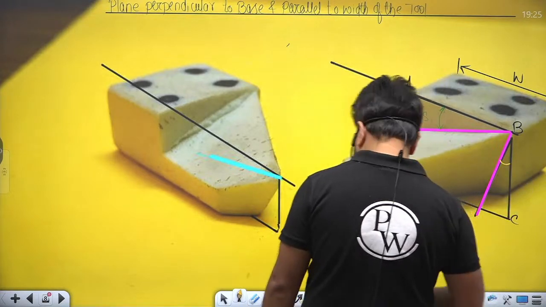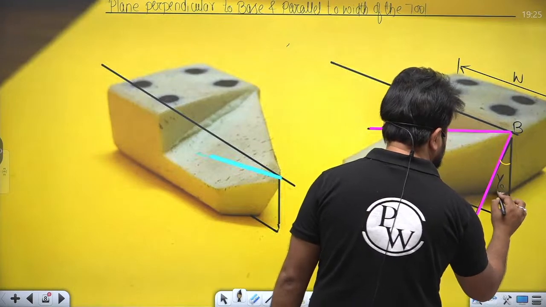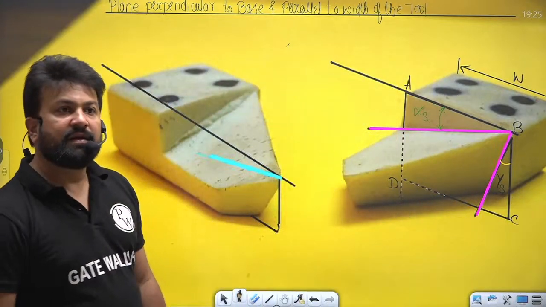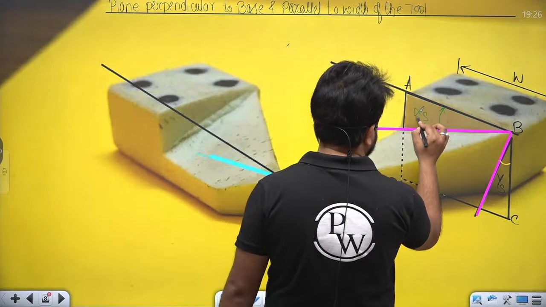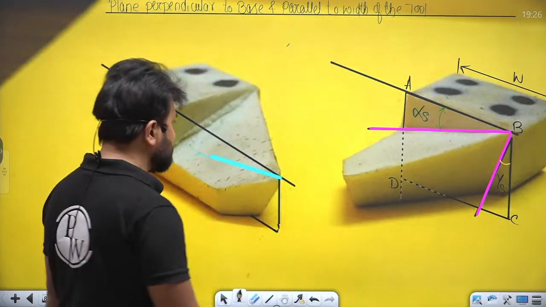See this inclination. This angle is known as side relief angle, and this angle is known as side rake angle. I hope these two angles are clear to you.